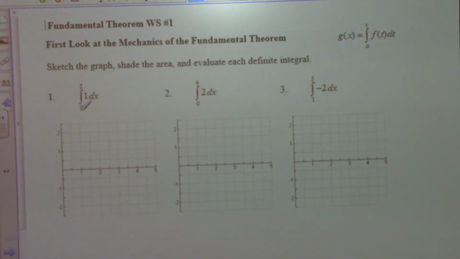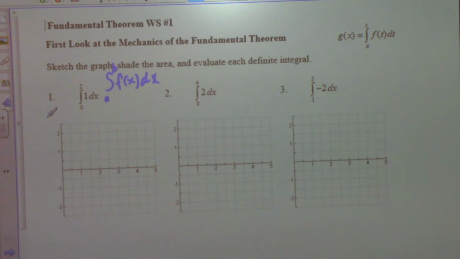Okay, so we have this first one, the integral. The form of these integrals is that if you have the integral from a to b of a function f of x dx, what you're looking for is the function goes right here. So in this one, what is the function?